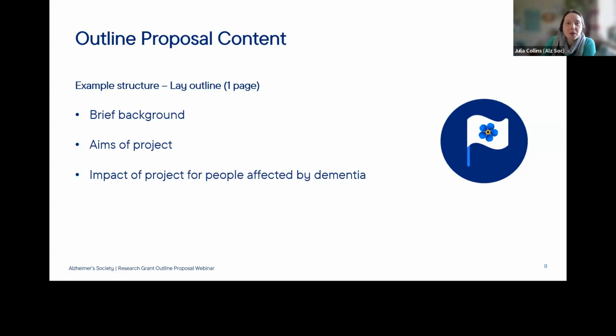The vast majority of the public are not scientists, but they are still really interested in your research and what you do. So it's being able to convey your message to a lay audience. Within the structure we've given there, giving a brief background, the aims of the project, and really, really important, how it impacts people affected by dementia, what impact it will give to the people that we care about most, those who are living with and affected by dementia.